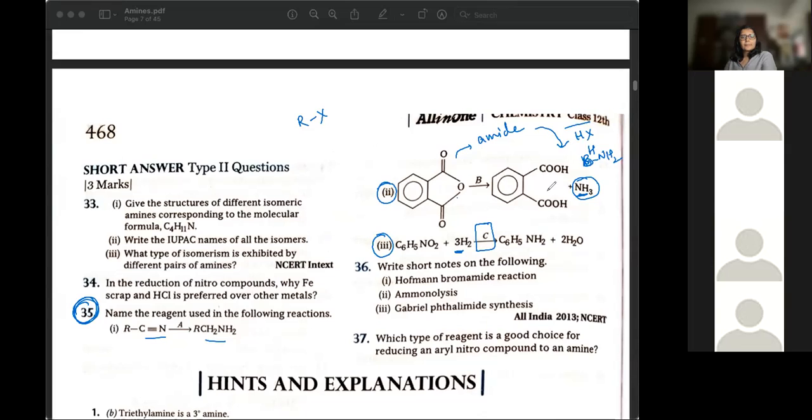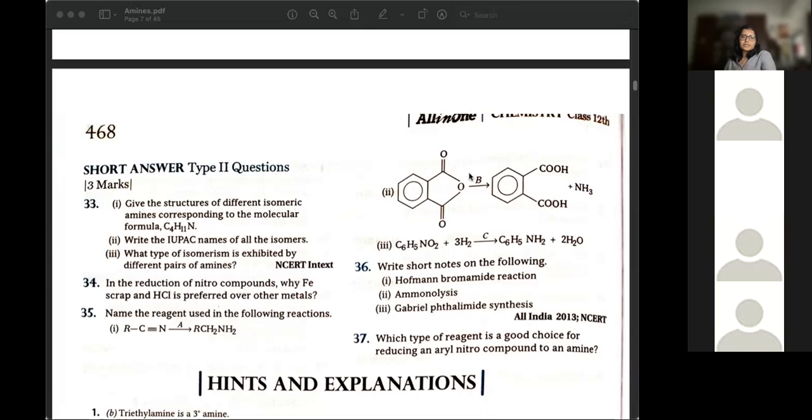So ma'am, what are the reagents? In the first step, to convert into an amide, how do you convert an anhydride into an amide? You do hydrolysis, you get your acid, and then you treat it with ammonia, right? Yes, ma'am.